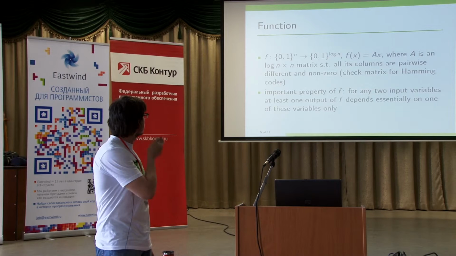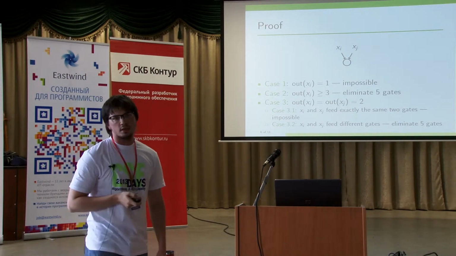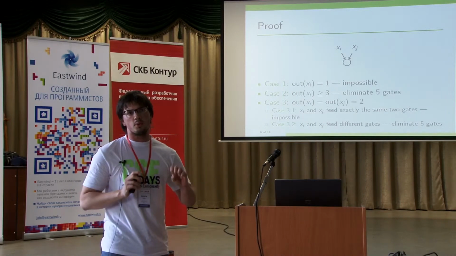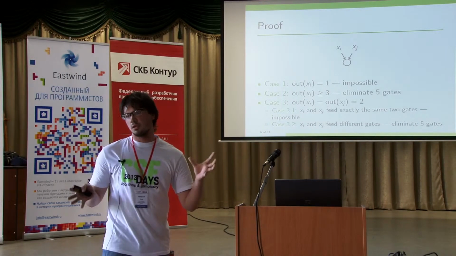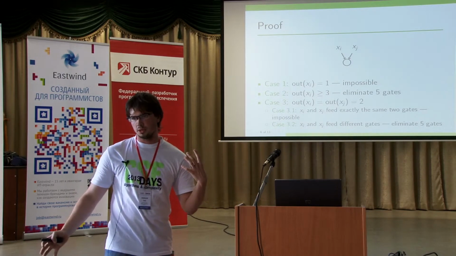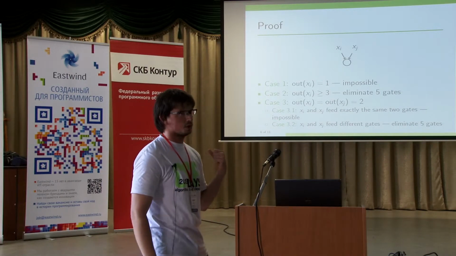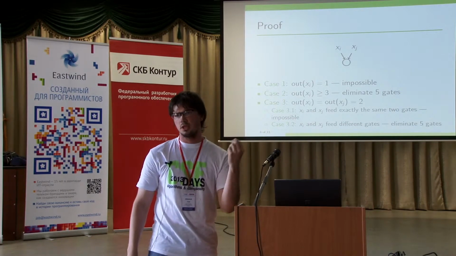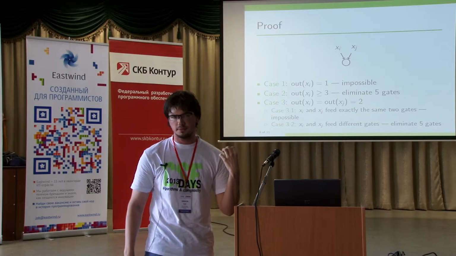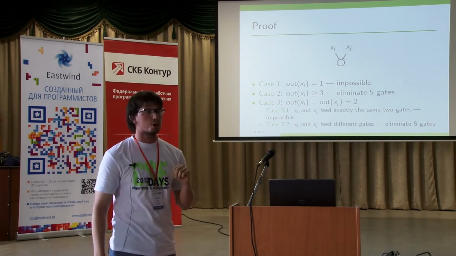So the proof. It would be 4 cases. It is constructed very easily. We take the directed acyclic graph of the circuit, so we can make some topological sort of the gates. Let's take the first one, the top gate, and check the variables that are feeding this gate. There are only 3 possibilities we need to check.